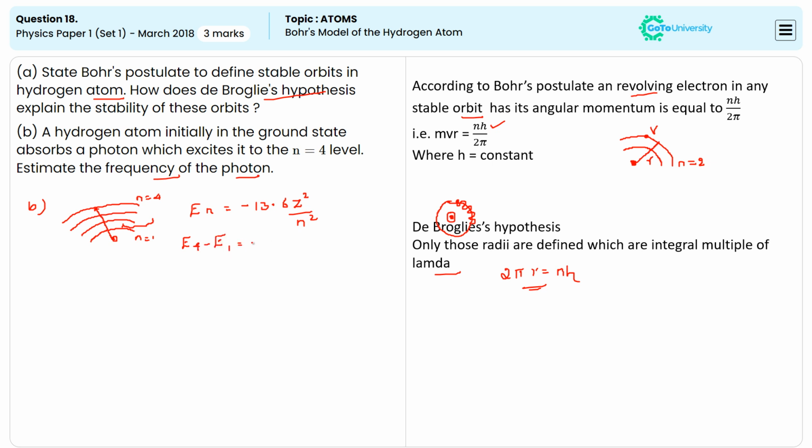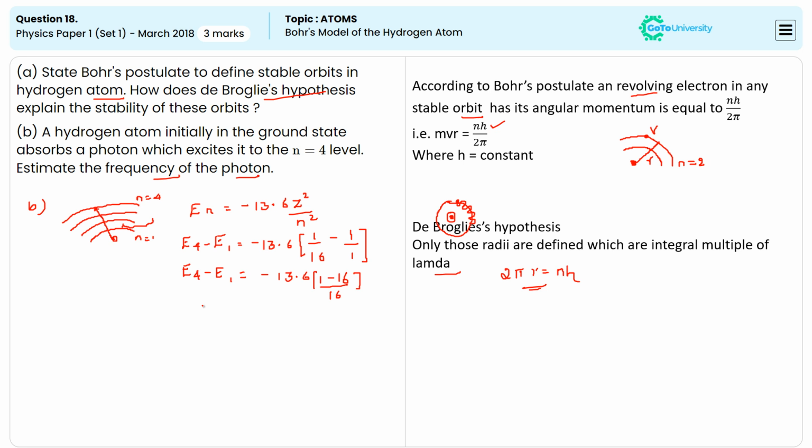is equal to minus 13.6 into 1 by 4 square, that is 16, minus 1 by 1 square, which is 1, where Z is equal to 1 and n is equal to 4. If we simplify, E4 minus E1 is equal to minus 13.6 into 1 minus 16 divided by 16.